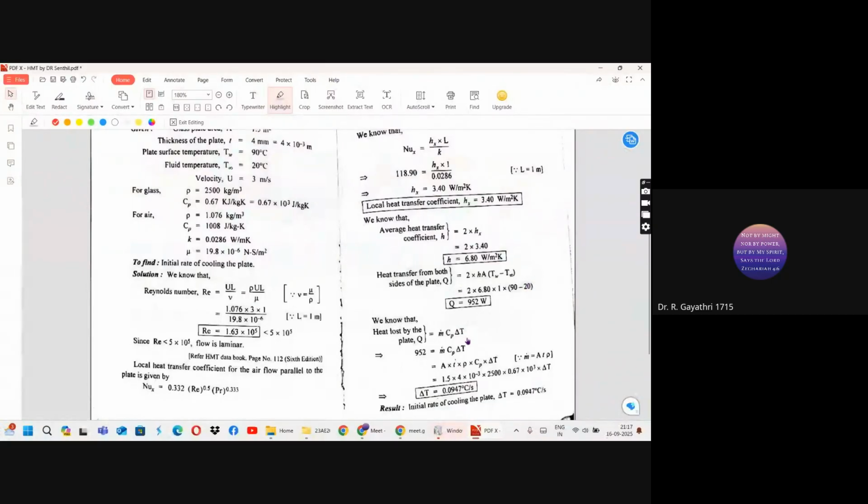Next we want del T, the change in temperature because of heat loss per unit time. So we can use this formula: Q is equal to m dot Cp del T. Mass flow rate means rho times area into thickness.